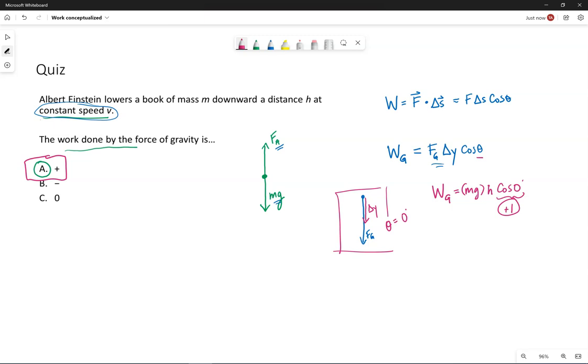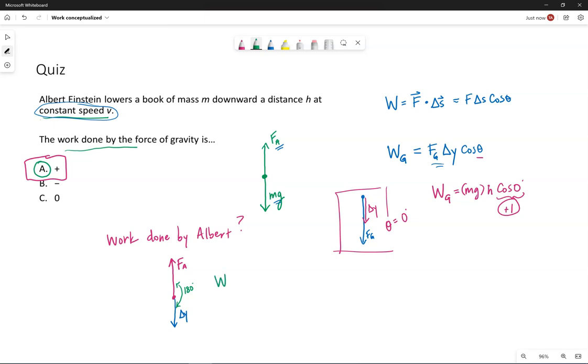Now, the question is not specifically asked, but what about the work done by Albert? We know Albert Einstein is applying an upward force, but we know the book is moving down. So the angle between these two is 180 degrees.